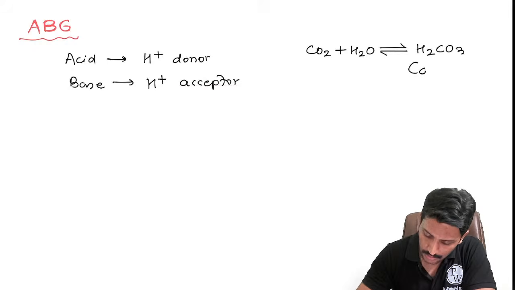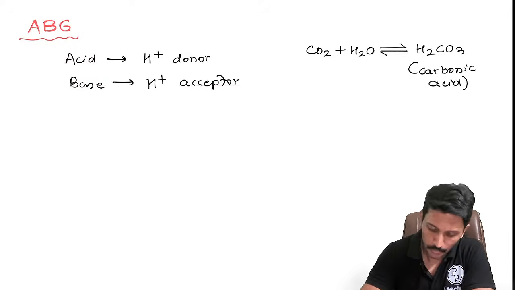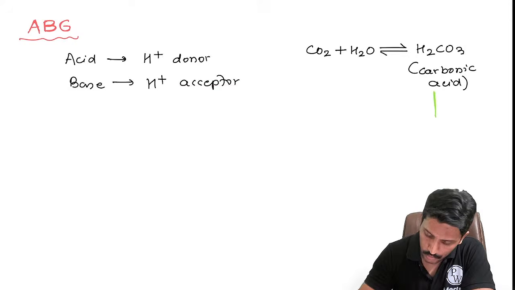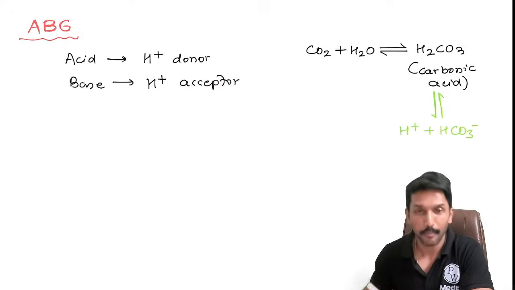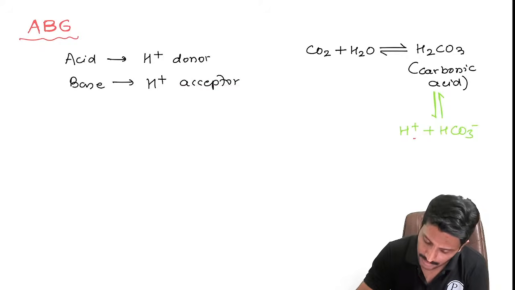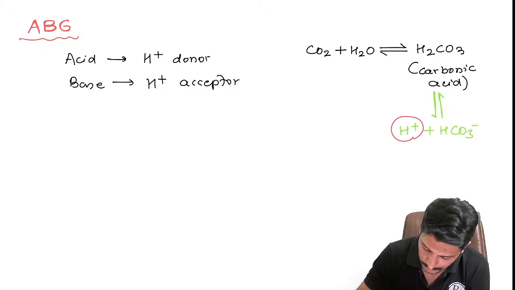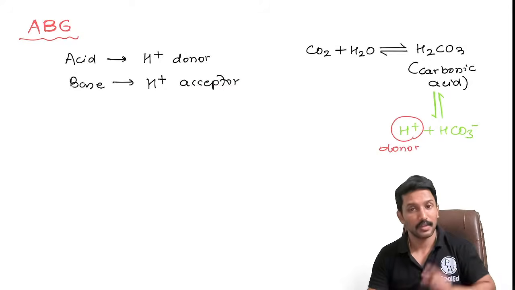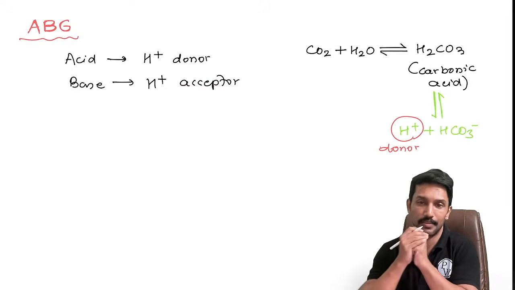And this carbonic acid can dissociate into H plus plus HCO3 minus. So it can act as an H plus donor. That's why carbon dioxide is an acid.